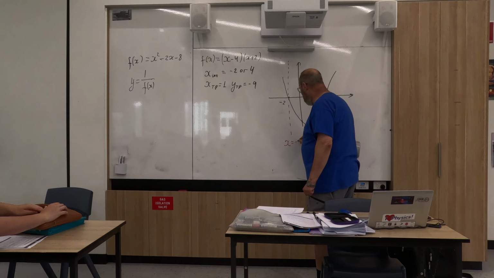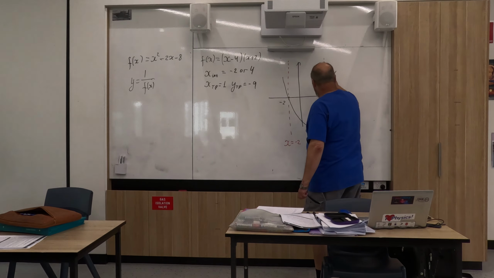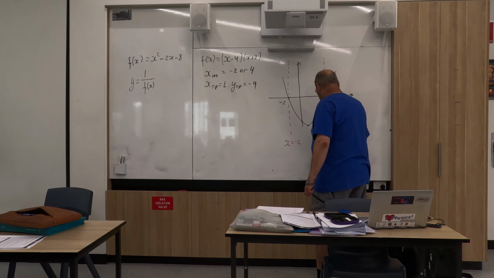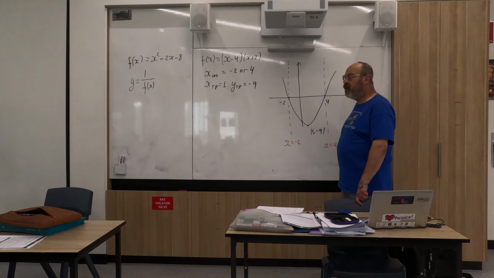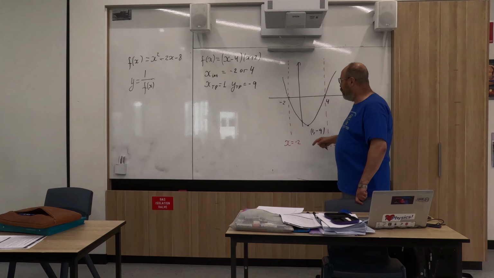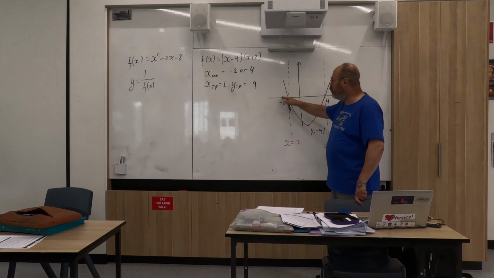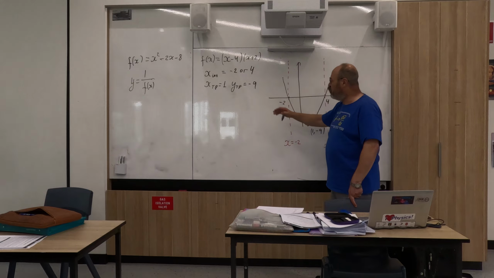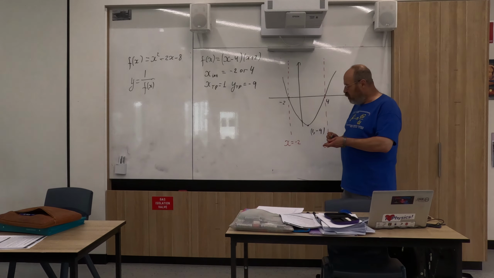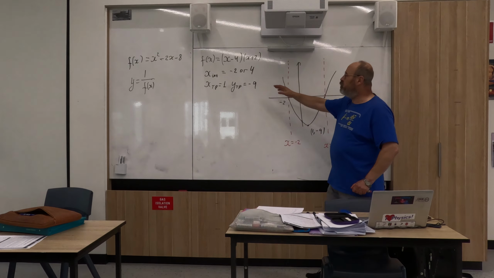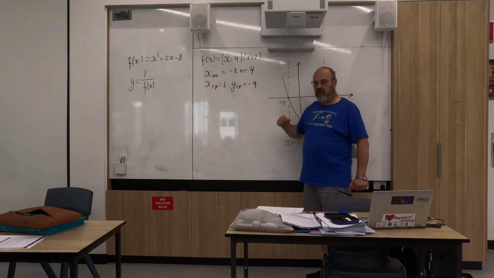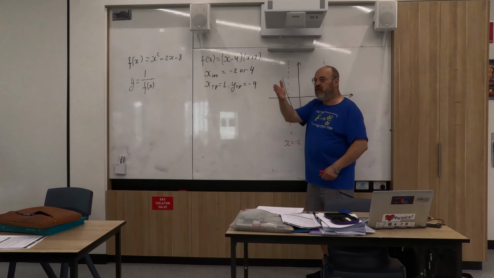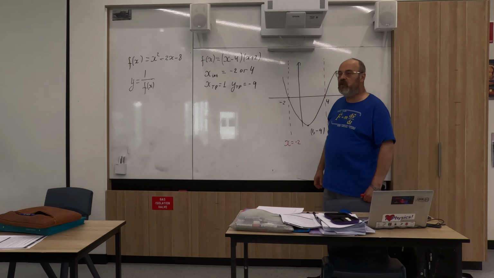x equals negative 2 and x equals 4. Now, let's consider how the function will behave to the left of negative 2. The original function becomes bigger, bigger, and bigger. So what will happen when we divide 1 by it? Yes, smaller and smaller.